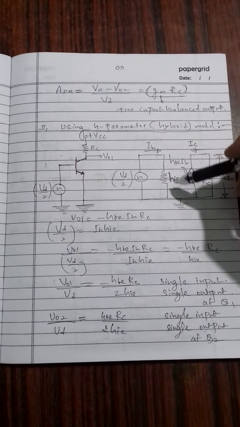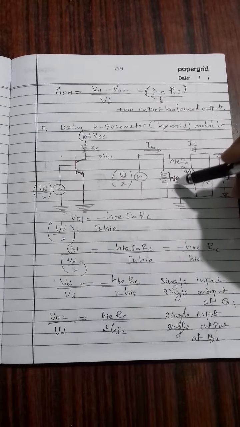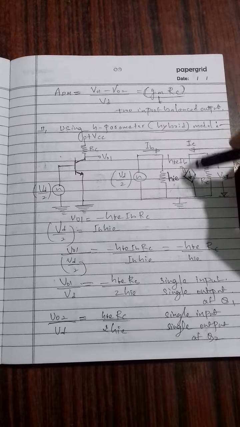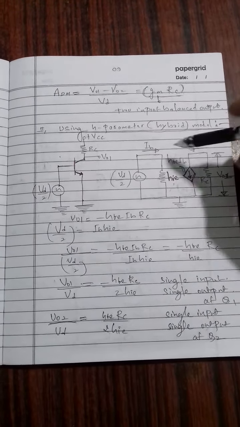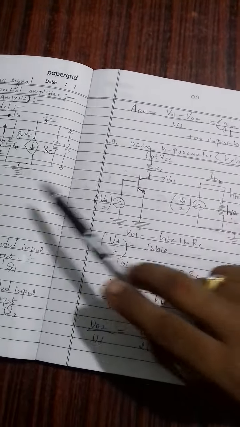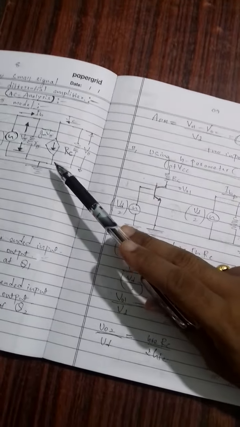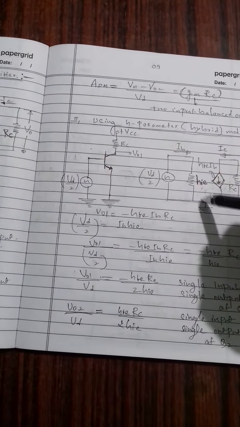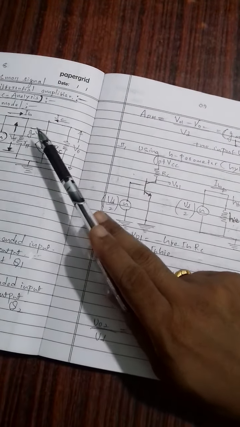Here we have the hybrid parameter HIE, and this one HFE IB is also a hybrid parameter of the transistors. Now both the models look similar, the hybrid model and the pi model. The only difference is that the parameters are different: HIE and HFE here, but R pi and Gm there.